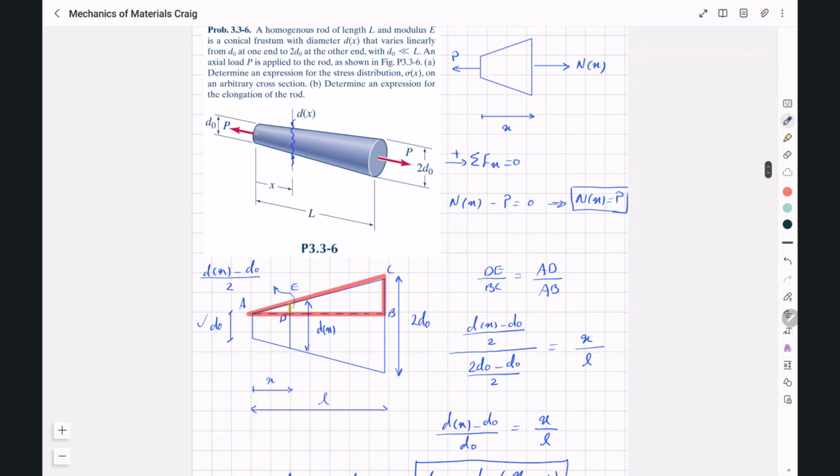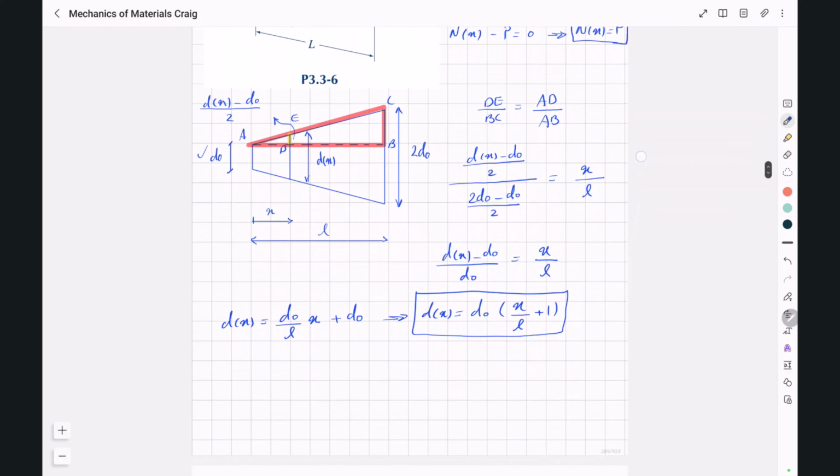Now, since the cross-section of this rod is circular, the area of the circle at this section will be pi divided by 4 multiplied by the diameter of the circle to the power of 2. So we can say Ax will be equal to pi divided by 4 dx to the power of 2.